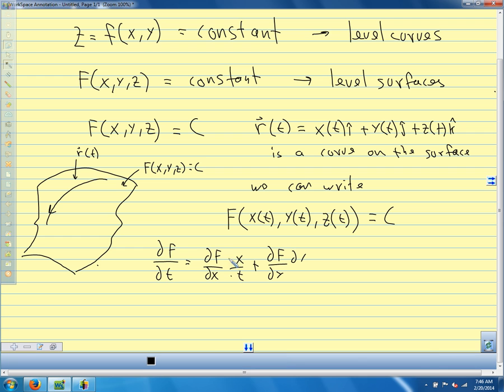It's easy to write every derivative as a partial now, but x, y, and z only depend on t, so we write those as normal derivatives. Plus df dz times dz dt. And this equals 0 because f of x, y, z is a constant.